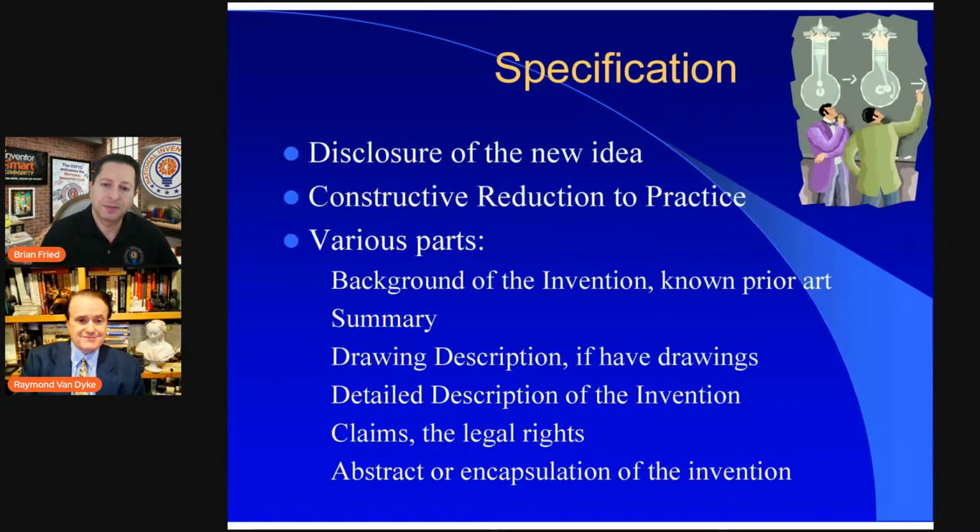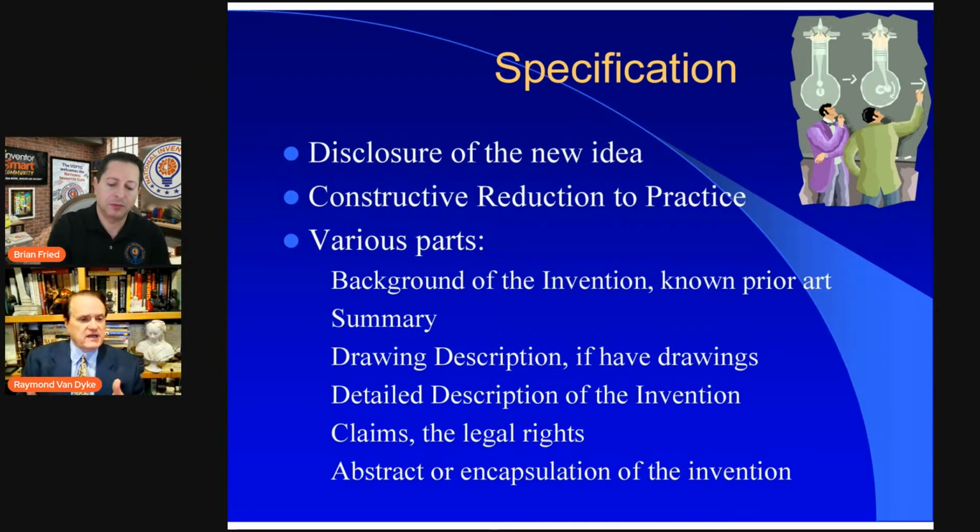Okay, we're going to talk about the specification, the disclosure of the new idea. This is what's called a constructive reduction to practice. In other words, if you create the doohickey or the app, whatever, then that's a reduction to practice itself.